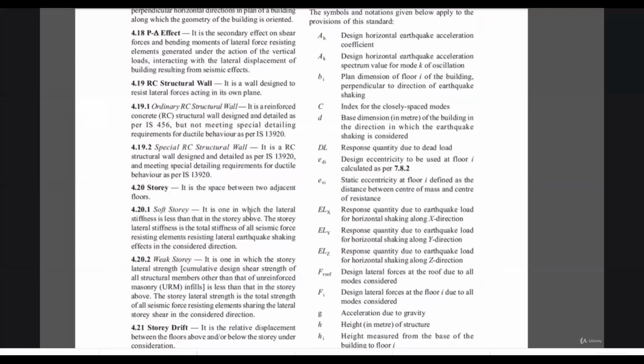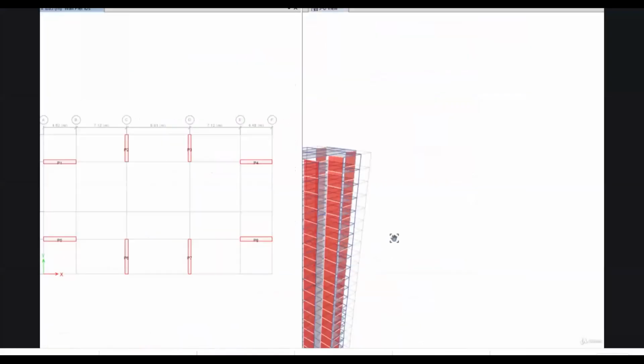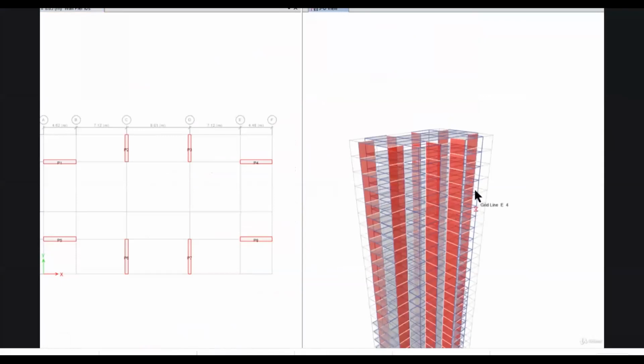Now there are two types of stories, soft story and weak story. Both of these stories are prohibited as per the latest standards. Soft story is the one in which lateral stiffness is less than that in the story above. That is when we are considering this ETABS model. For example, if the stiffness is lower than the story above, then it will be called a soft story.